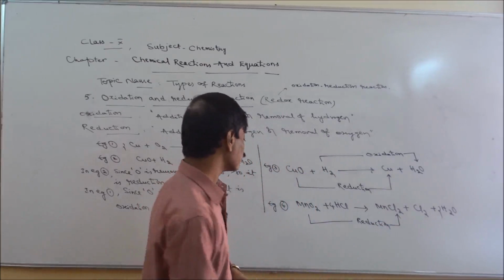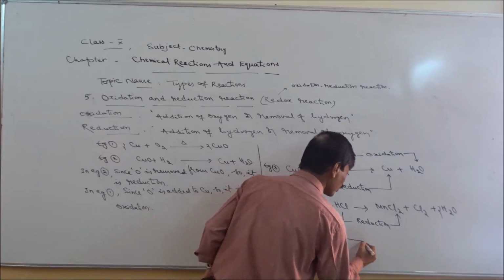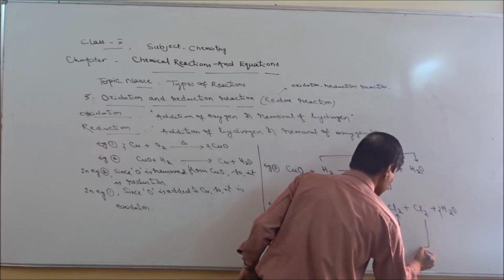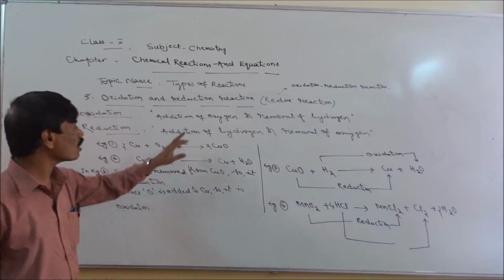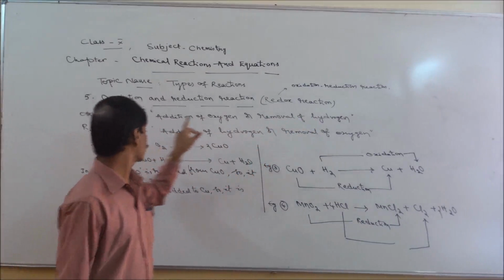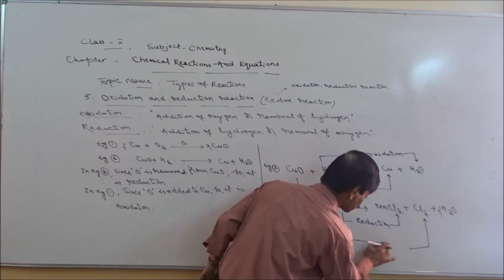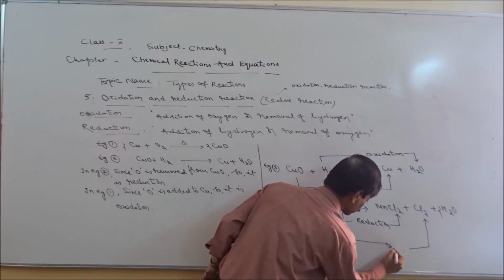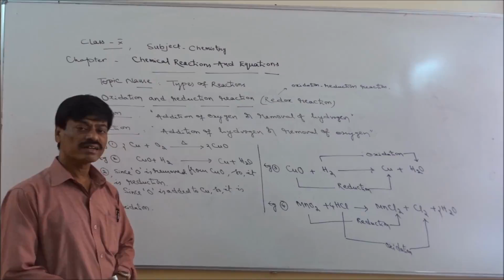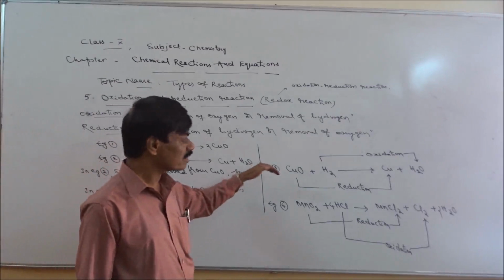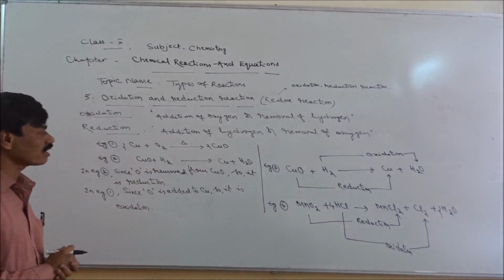And at the same time, in HCl we have hydrogen and chlorine, and look at Cl2, where we have only chlorine, meaning hydrogen is removed. So removal of hydrogen is nothing but oxidation, and we will label this part as oxidation. So in this reaction, both oxidation and reduction are taking place. So this is said to be a redox reaction. So that's about oxidation reduction reaction.